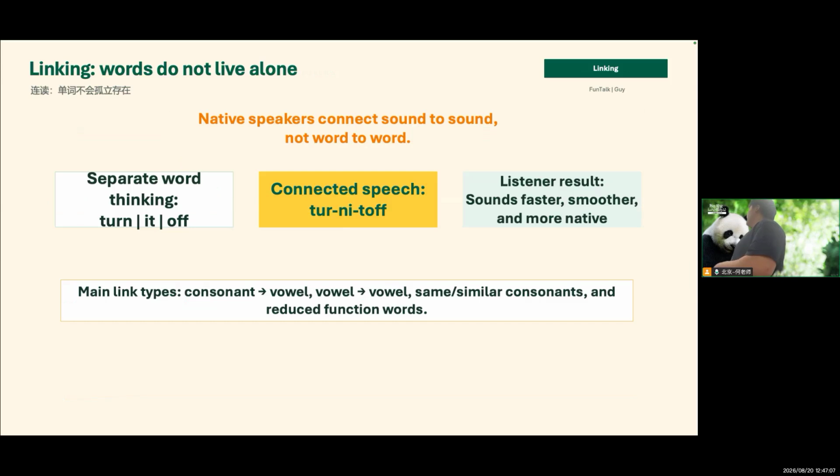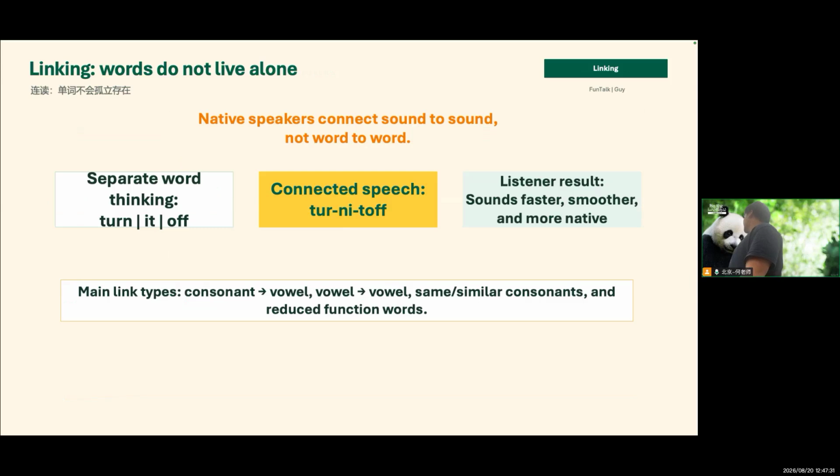Okay. So just real quick, we have 连读, right? Like turn it off. Turn it off. I think most people know that. That's a basic 连读, so we're gonna just skip through that. But if you have questions, you can ask me later.